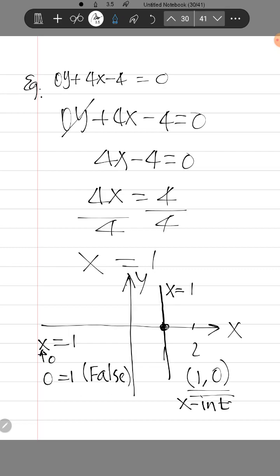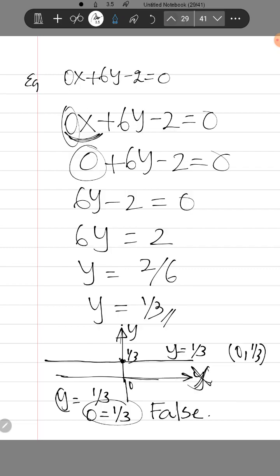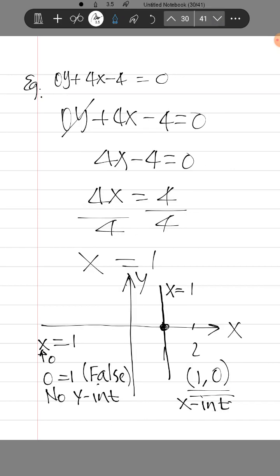That means we don't have a y-intercept. No y-intercept here; in the previous example, no x-intercept. So a horizontal line which is not the x-axis itself will have no x-intercept. A vertical line which is not the y-axis itself will have no y-intercept.